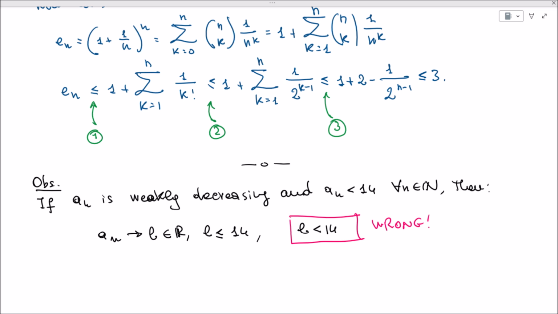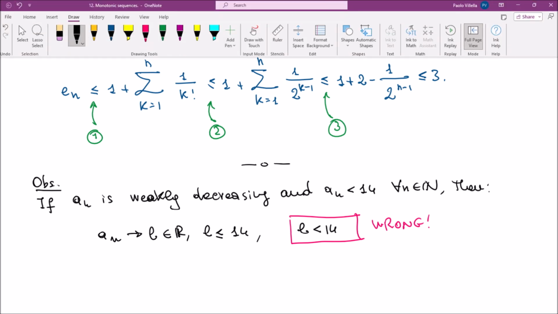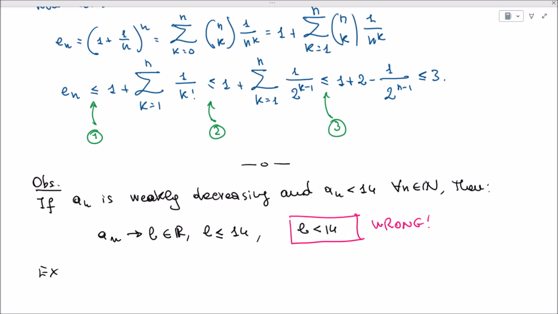And so just as an example of this, let's see what happens if we have an equal to 14 minus 1 over n. Certainly we can say that an is less than 14. Each element is less than 14. However, we see that an will tend to 14. So we cannot say that L is less than 14.